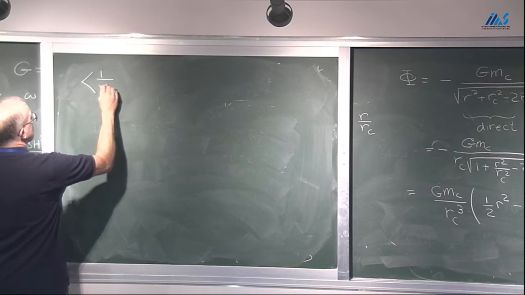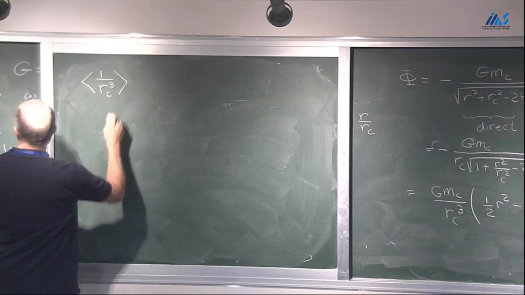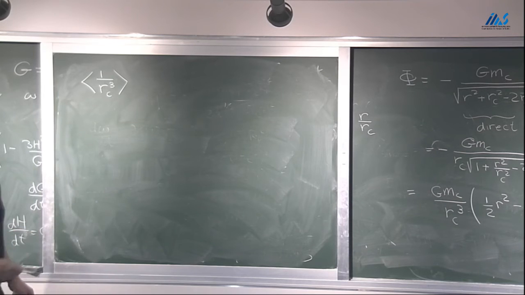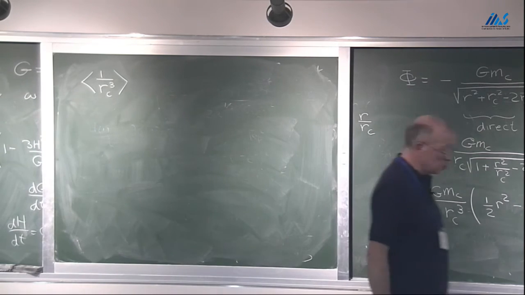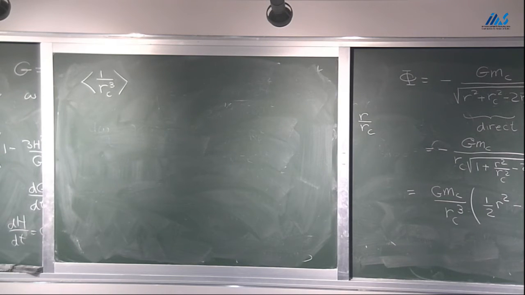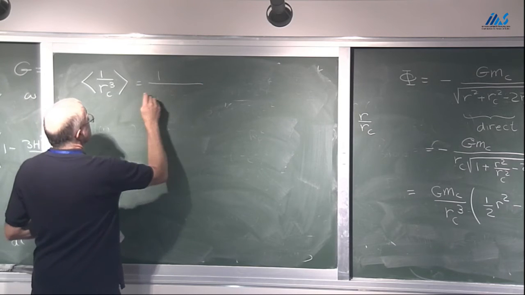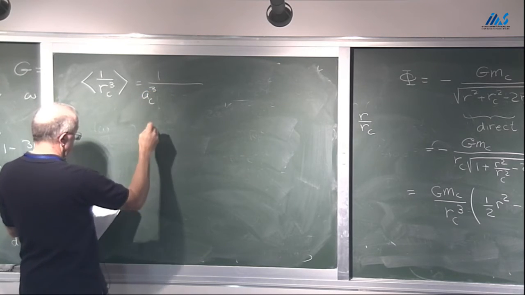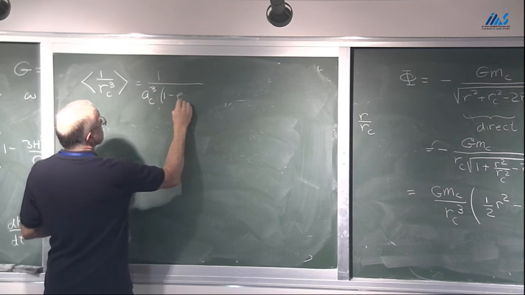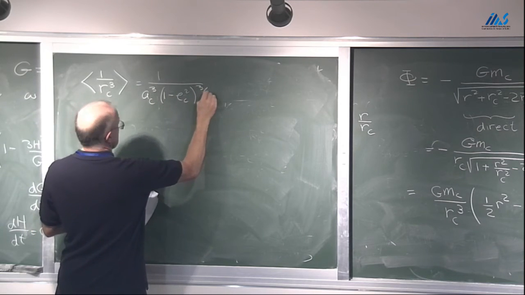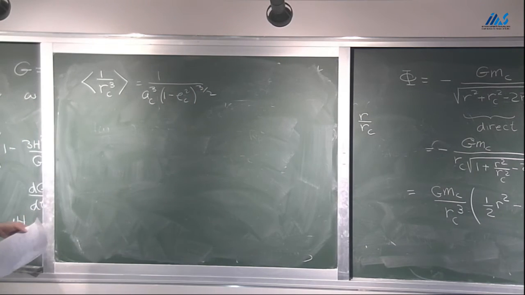The expectation of 1 over the cube of the distance to the companion, we know already because we did that for the internal quadrupole. And that's just 1 over the semi-major axis of the companion cubed, 1 minus the eccentricity squared of the companion to the 3/2.